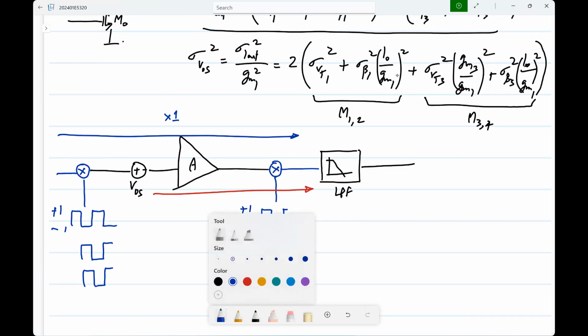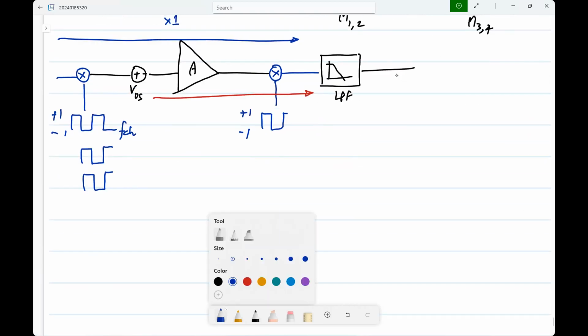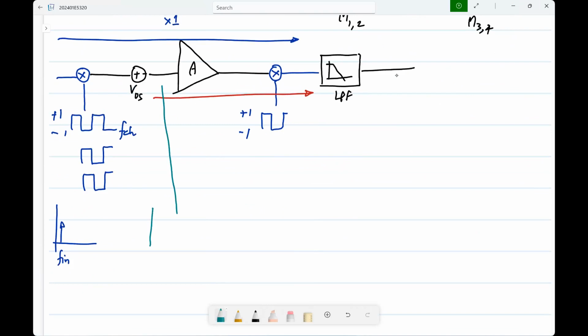Let's call this frequency f chop. So let's say the input signal is at a very low frequency. What will be the spectrum of the signals over there?